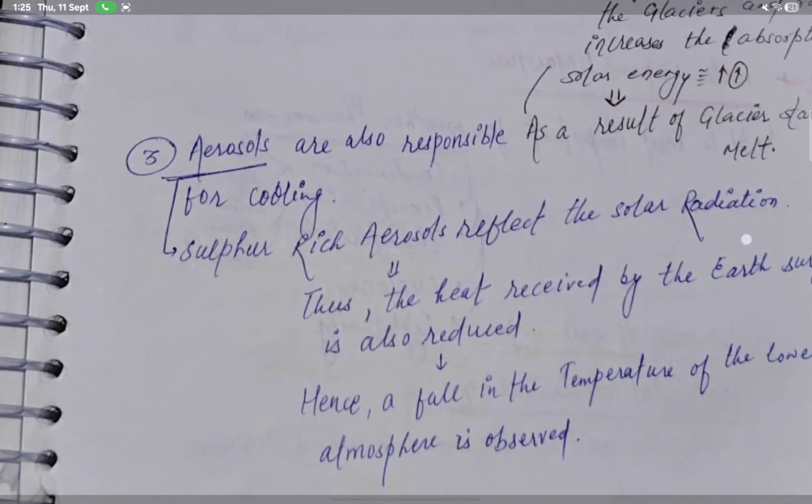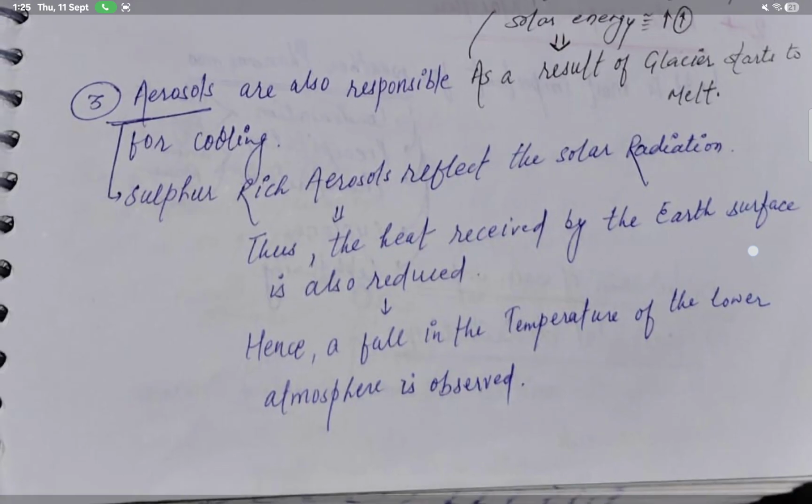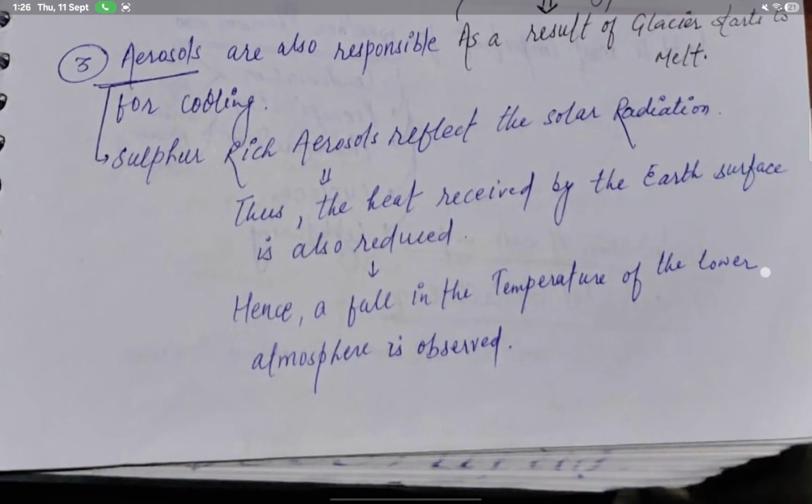The third significance is that aerosols are responsible for cooling. What it means is that when a volcanic eruption occurs, some sulfur-rich aerosols also come into the atmosphere.